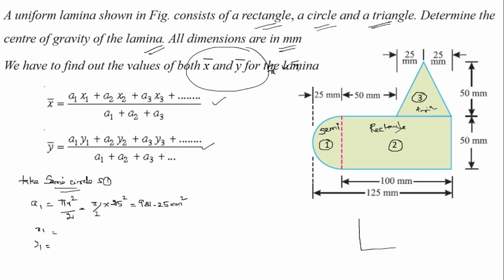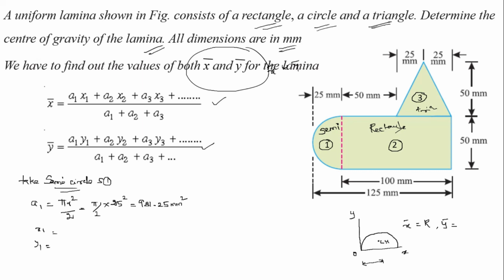This is the y axis and this is the x axis. This is the semicircle, and this is the CG. The formula for x bar is the radius, r.